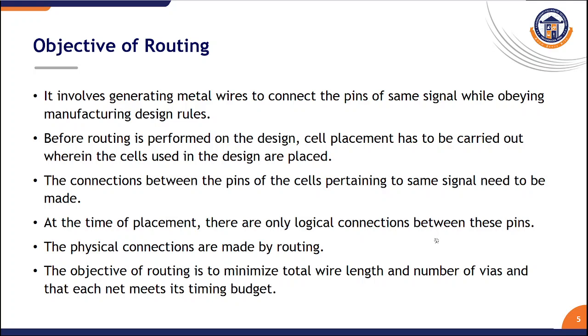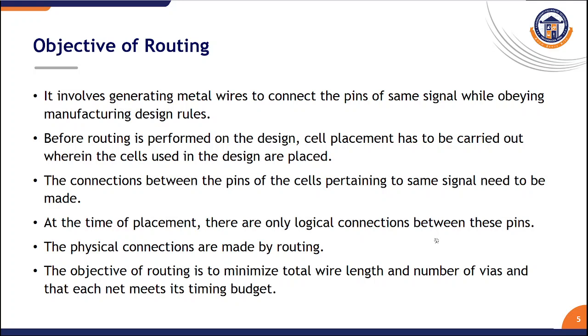The first one is minimal total wire length, that is, shorter wires reduce delay and also power. The next one is minimizing the number of vias. That means extra vias increase resistance and reliability issues. And the third one is meeting timing requirements.